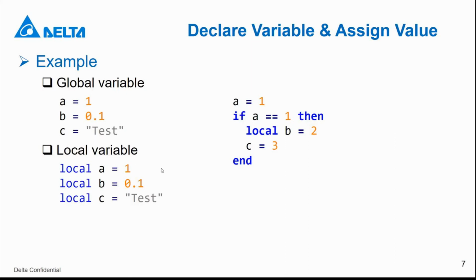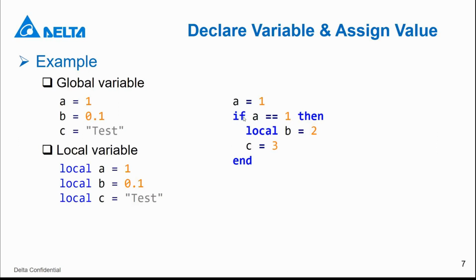And then there's the local variable. What's the difference between global and local variables? For a local variable, you need to explicitly define it with the local keyword at the beginning. Then this variable will become a local variable. Let's see the example on the right side. In the beginning, a equals 1, so it will be a global variable, accessible from all the program. Then let's go to the if section.